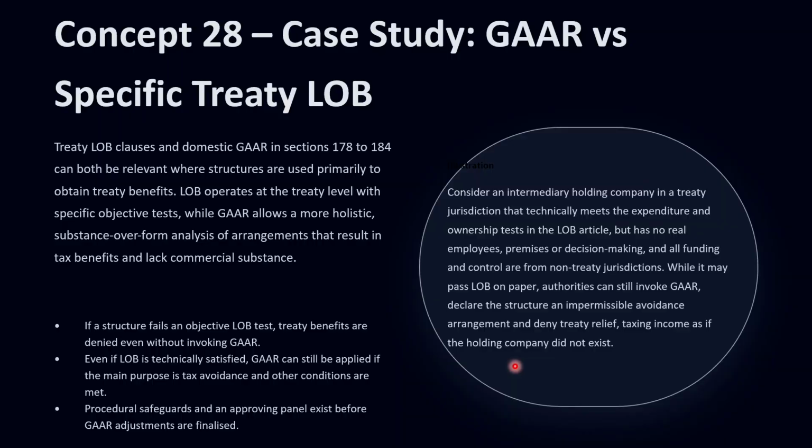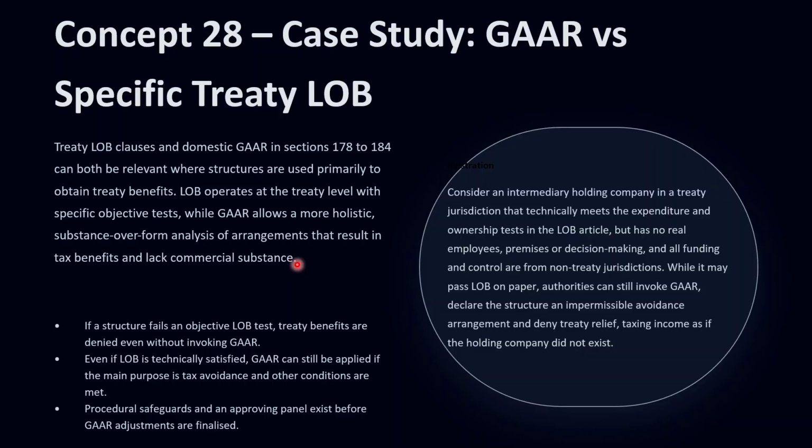So guys, modern DTAAs often have LOB articles that set objective conditions. For example, ownership test, base erosion test, listing requirements in some scenarios, minimum expenditure in the treaty country clause, to make sure only genuine residents get treaty benefits.